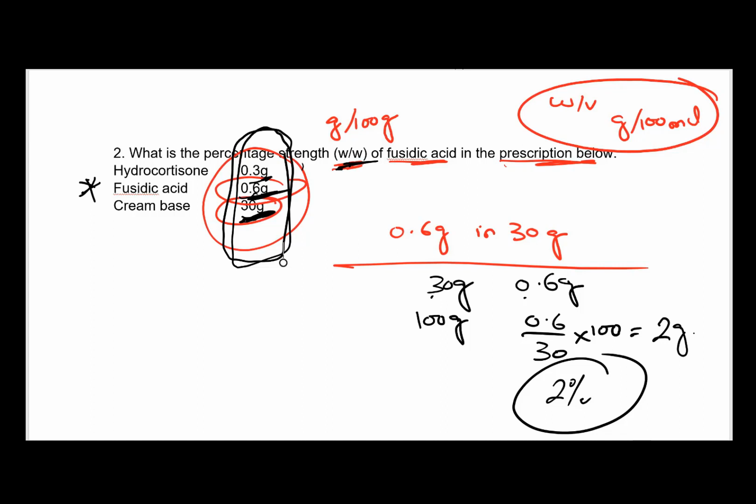And we are asked about the percentage weight by weight, which means how many grams will be present in 100 grams. I know 0.6 grams will be present in 30, and from this you find out how much would be present in 100 grams.